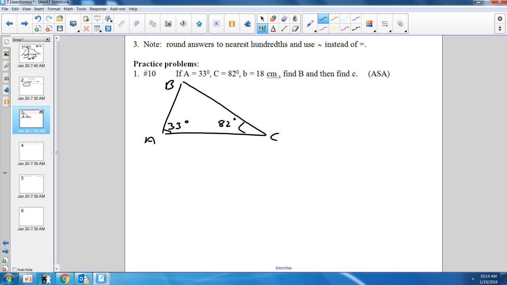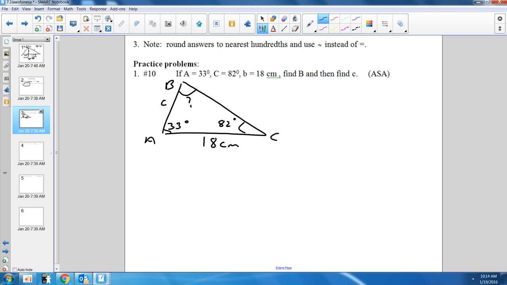B is always opposite. The side is always opposite the letter. The question is, what is angle B, and then find side C.